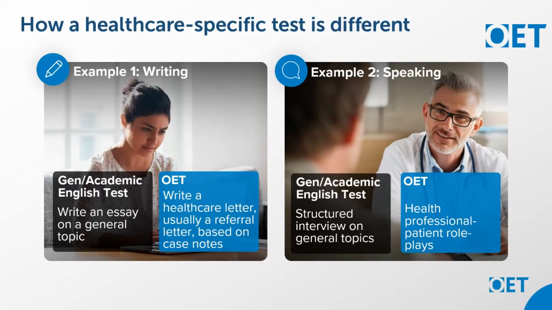But in OET speaking, you play your professional role and speak with a patient just as you would in your real job. And as we'll see later, you're assessed on how effectively you manage that consultation. So how you deal with sensitive topics, for instance, how you reassure and show empathy, how you explain technical terms to a non-medical person.